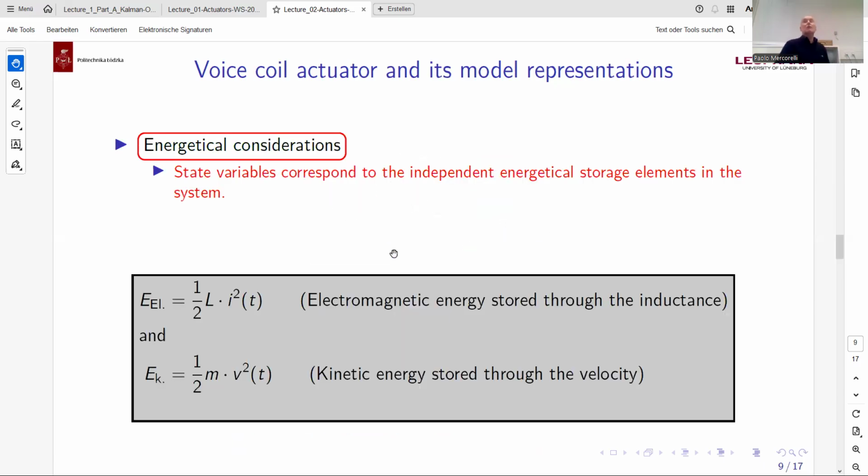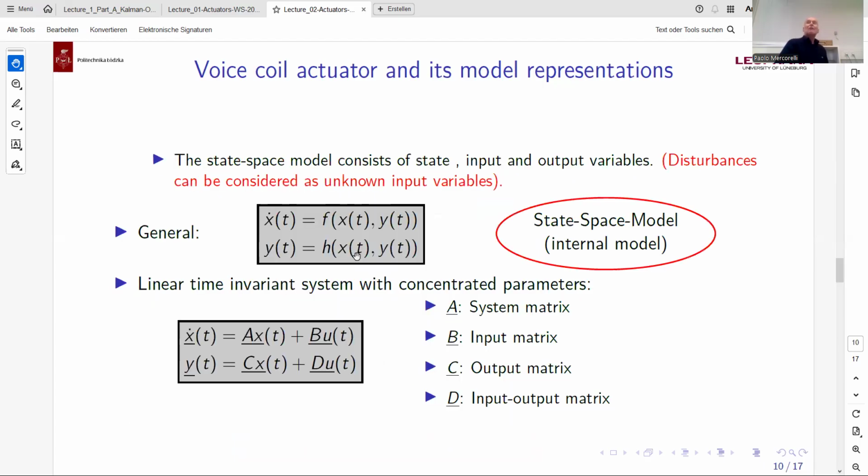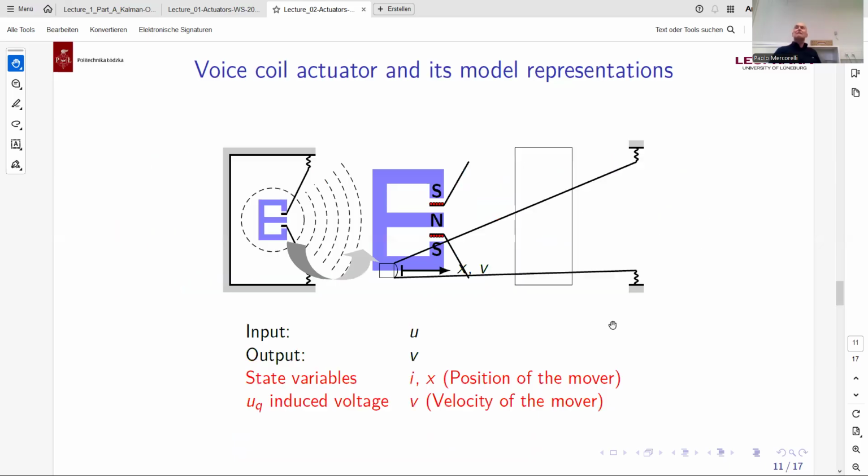Next week, I will tell you about the energy which we have in the system. Two kinds of energy, electromagnetic energy and kinetic energy. I will tell you a little bit about the possible representation without going in depth on this, because this is the topic of dynamical systems. But in order to understand the model of the system which we need now, because the system is extremely complex.